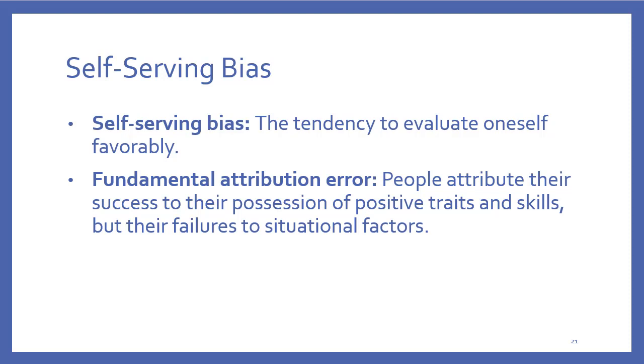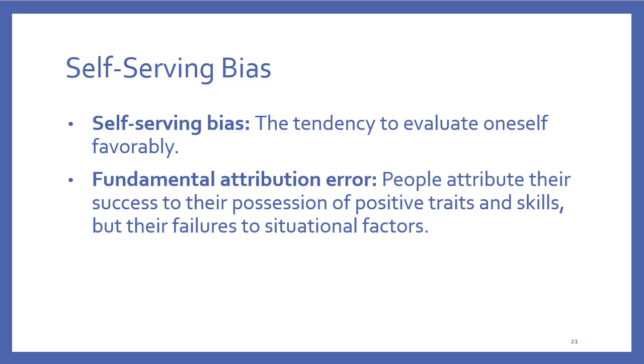Related to that is something called the fundamental attribution error. This is interesting because it looks different if you are applying it to yourself versus to other people. Typically, people will attribute their success to their disposition, or what we call positive traits and skills, but when they fail, it's situational.